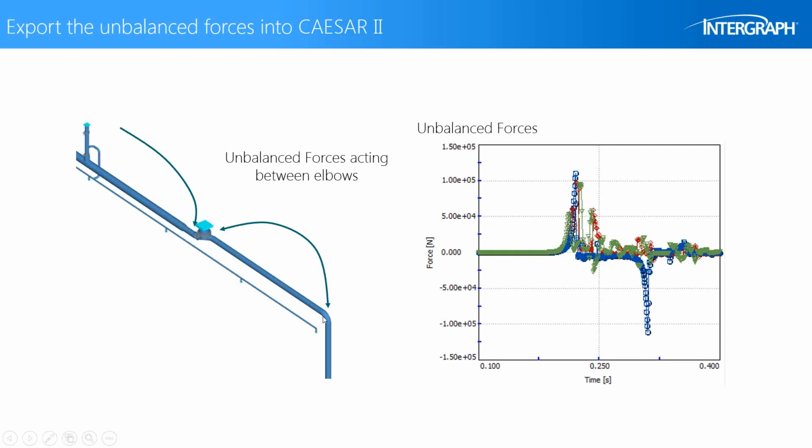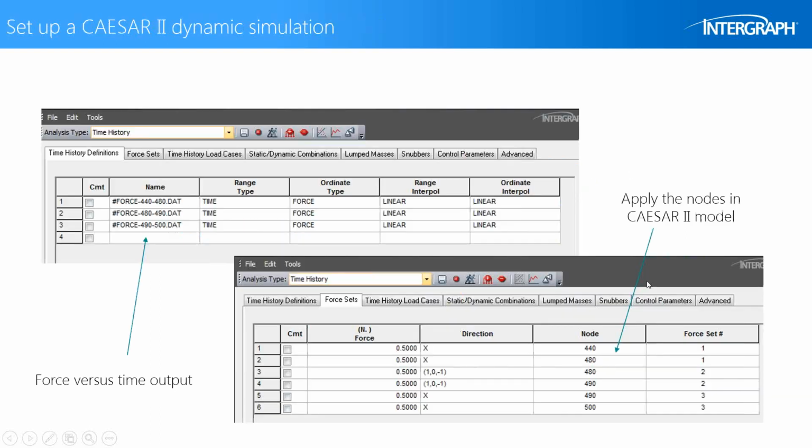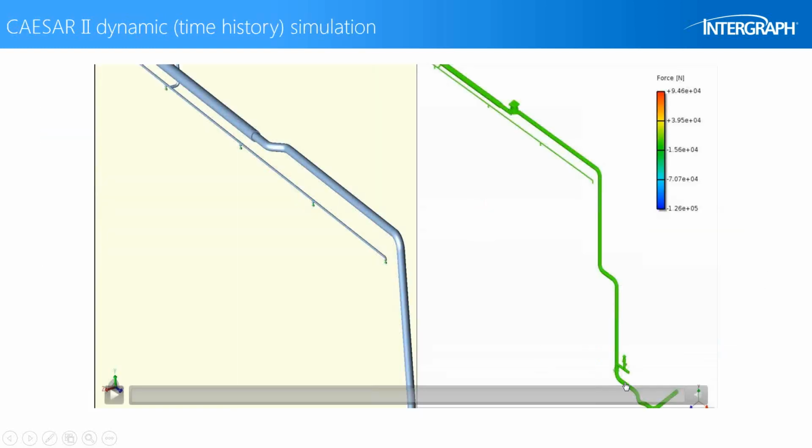So we coupled the elbows, for example, these ones shown here by the green arrows, to calculate the pressure difference and therefore the unbalanced forces between these two elbow pairs, which we can see on the right, and then we exported those into Caesar 2 in a time history solution and applied that to the nodes in the Caesar 2 model.